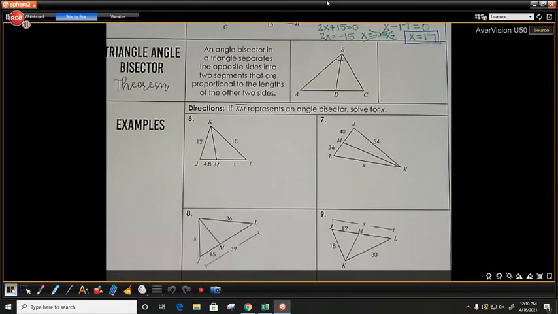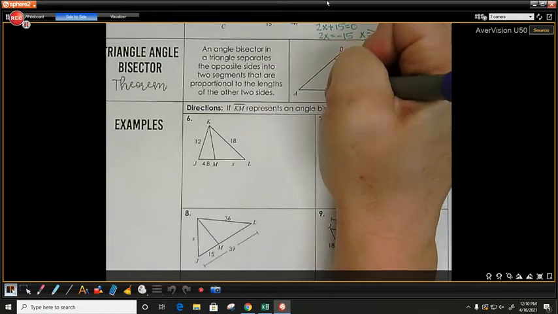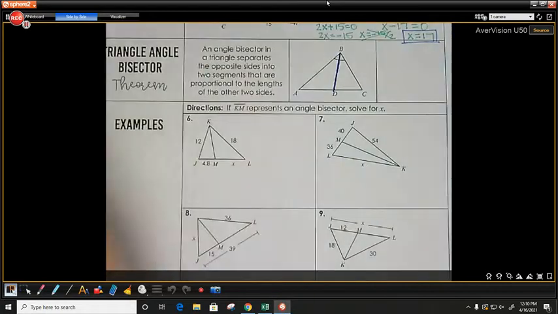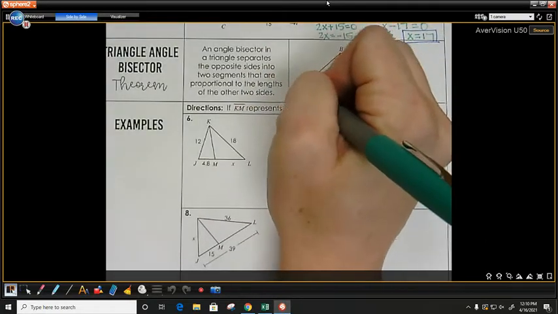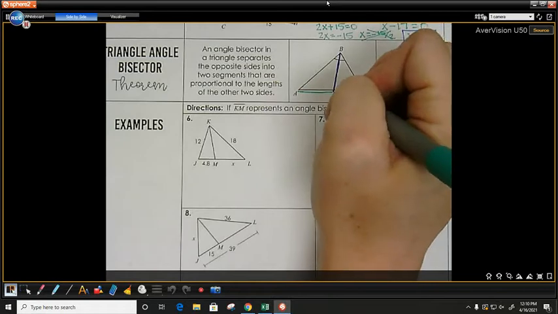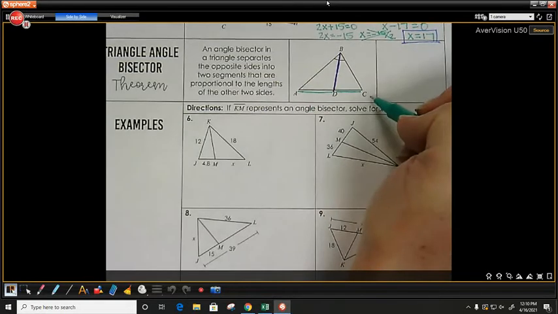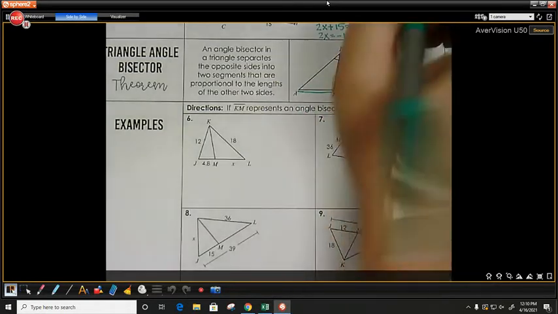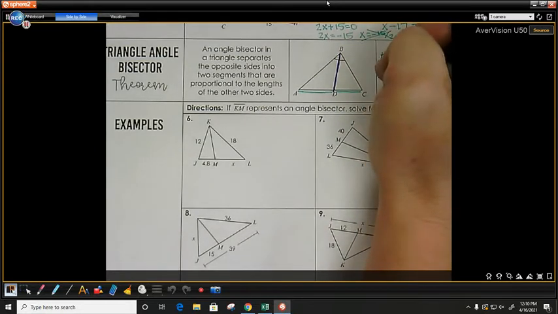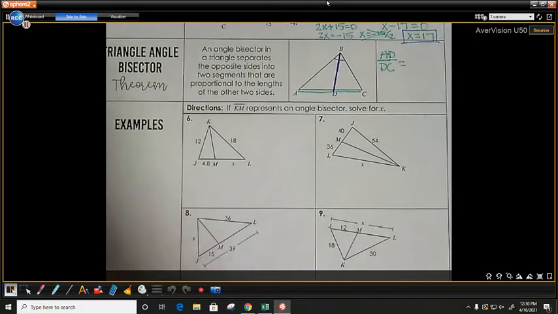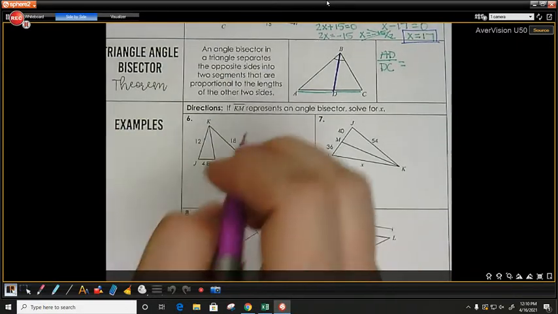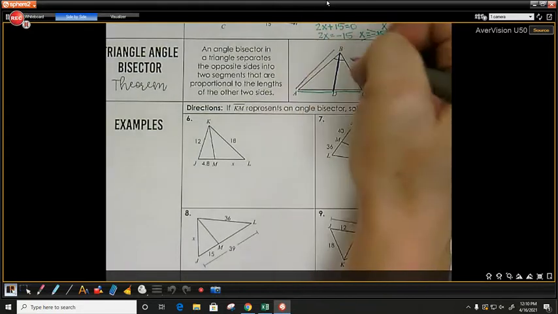So what that means is, if I have this angle bisector BD, it is going to tell me that it's cutting AC into the segments AD and DC. So AD over DC is going to be equal to the ratio of the other two sides. So AB over BC.